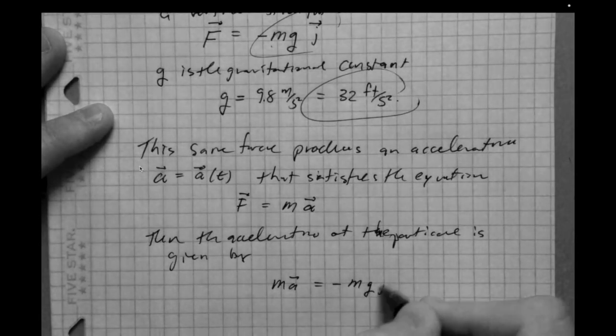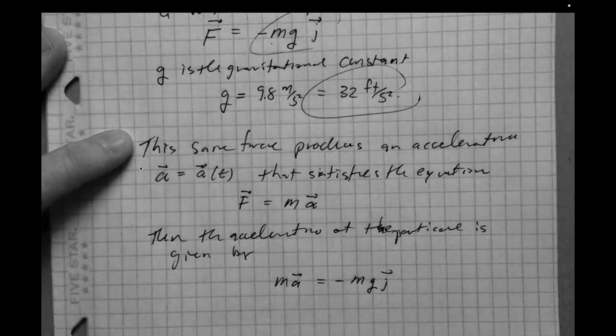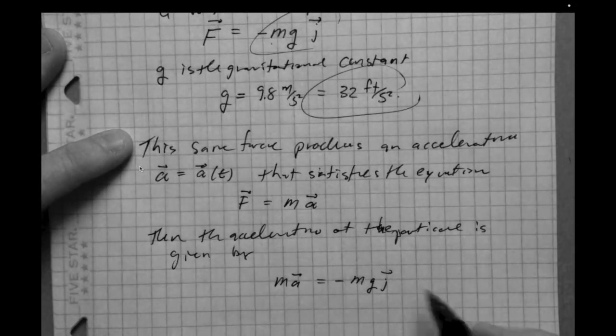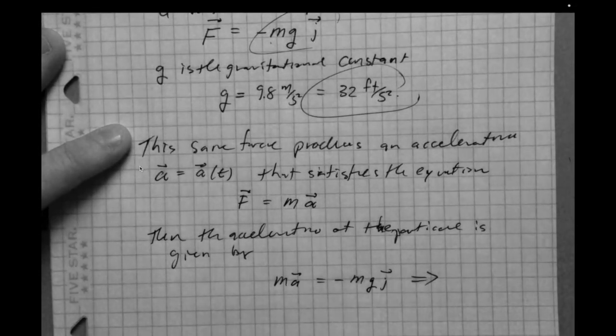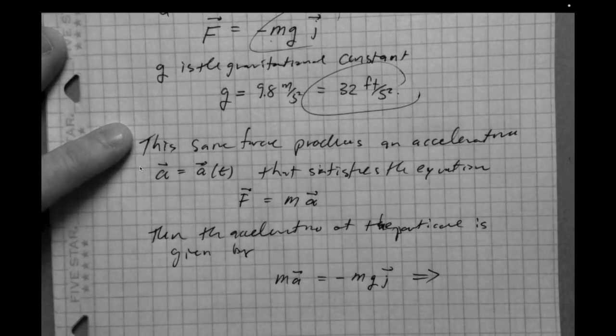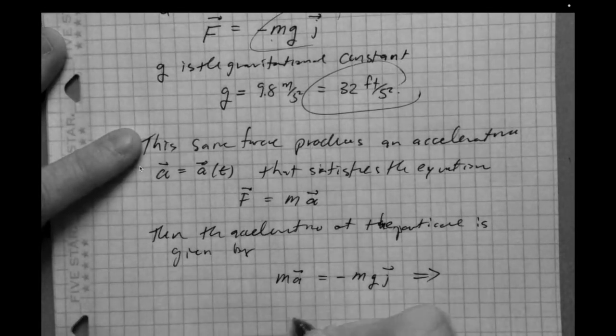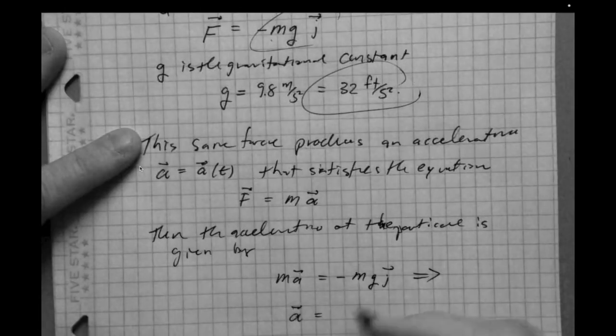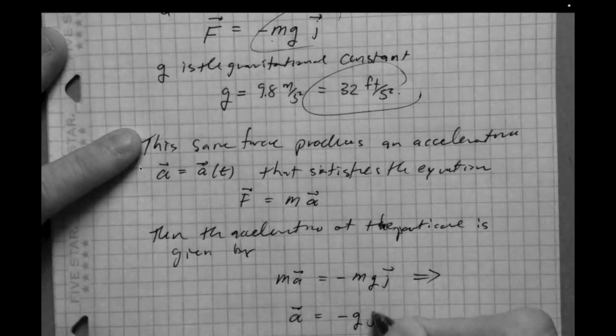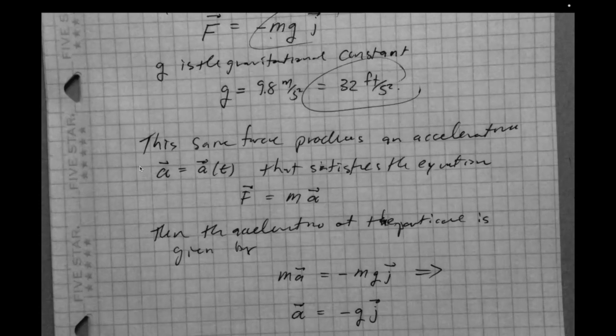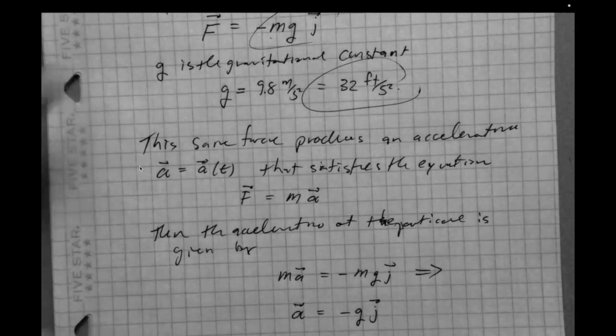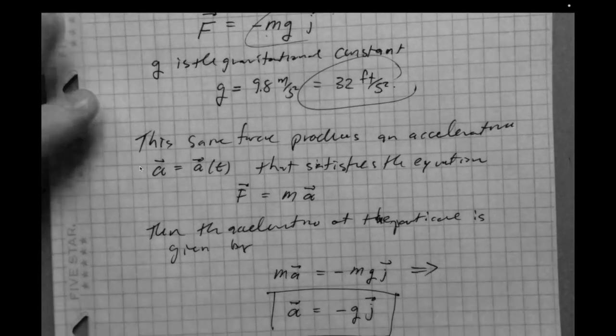And so then that implies what? Well, if we divide both sides by the mass, then the acceleration will be equal to negative g times the j vector. Okay, so that's the acceleration, and this is what we're going to build everything up off of.